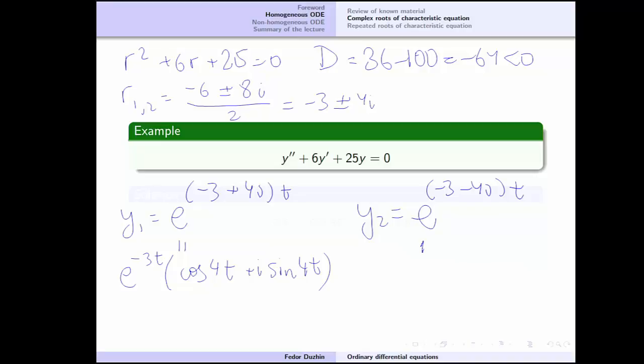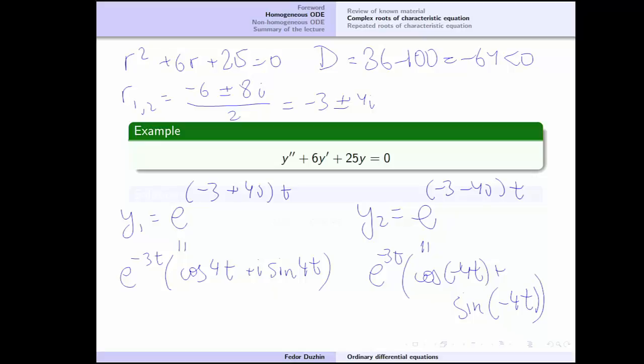Well, but then in the same way here, I'm going to have e to the minus 3t, which is taken out, times cosine of minus 4t plus sine of minus 4t.